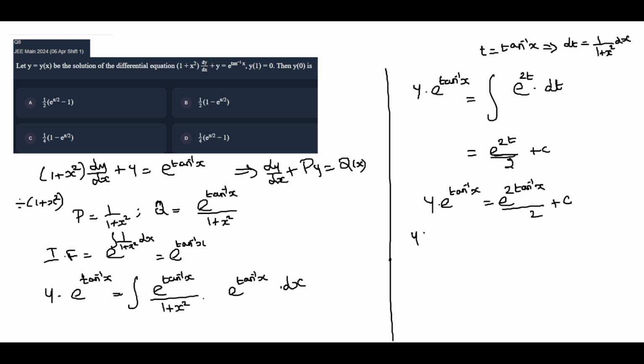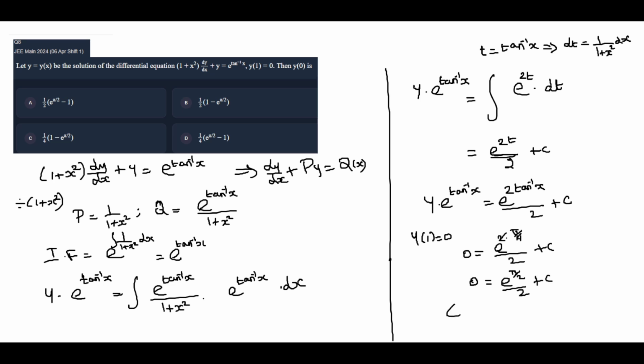Now the given condition is y of 1 equal to 0. y of 1 equal to 0 means the left side will be 0. So e power 2 into pi by 4 divided by 2 plus c, the 2 cancels. So 0 equal to e power pi by 2 by 2 plus c.